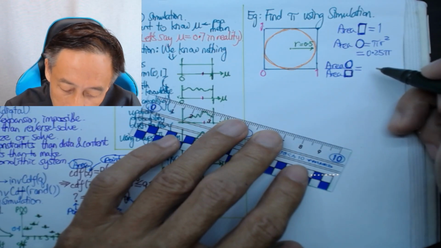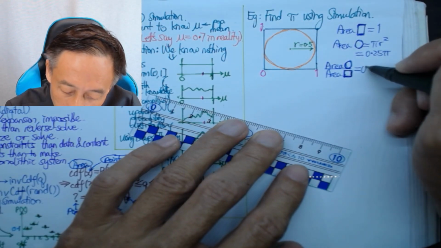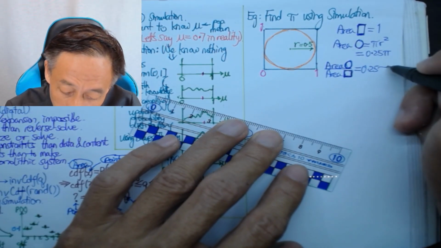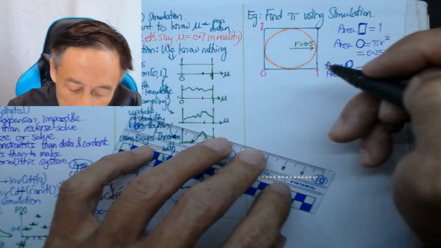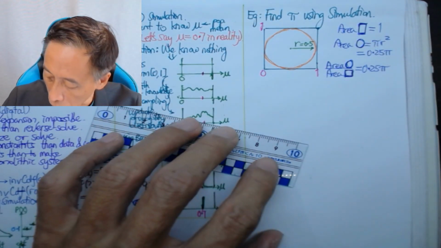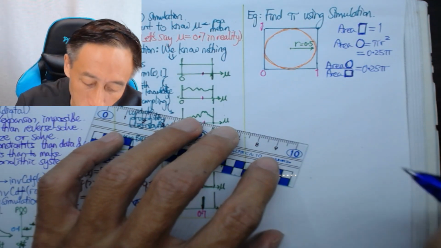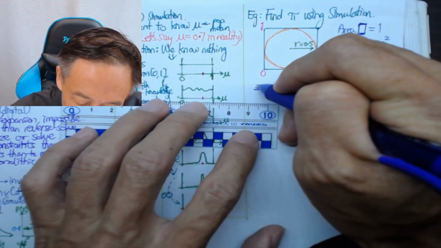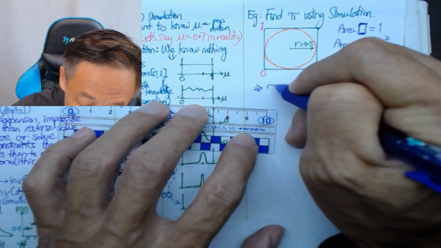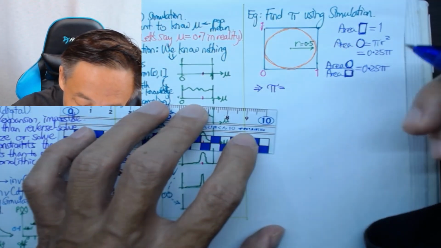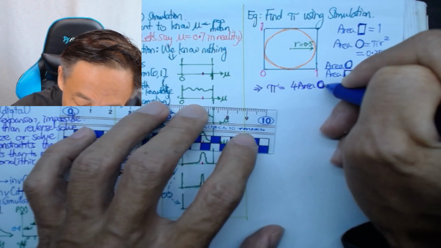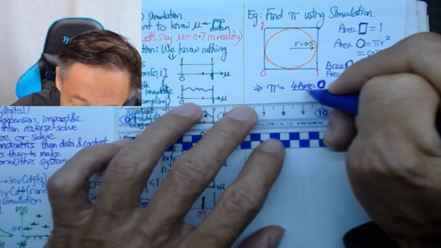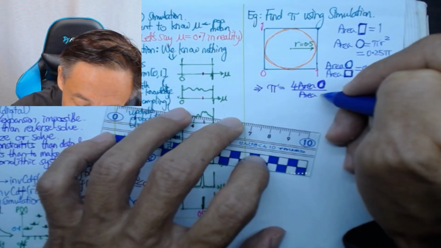So it is going to be 0.25 pi. Has to be, right? No other way. And in other words, we know that the governing rule is going to be pi is calculated from 4 times the area of circle divided by area of square.